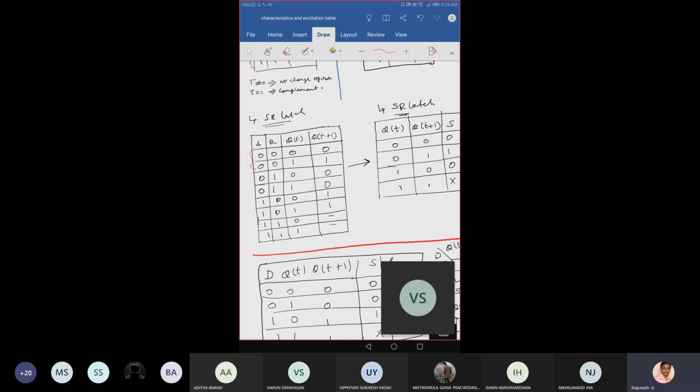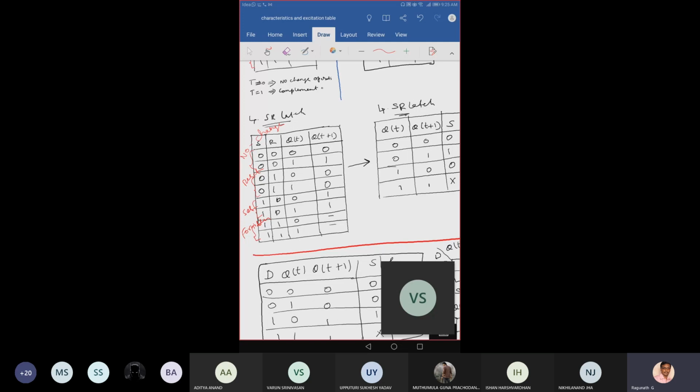No change. 0, 1 is reset. 1, 0 is set. And 1, 1 is forbidden state.